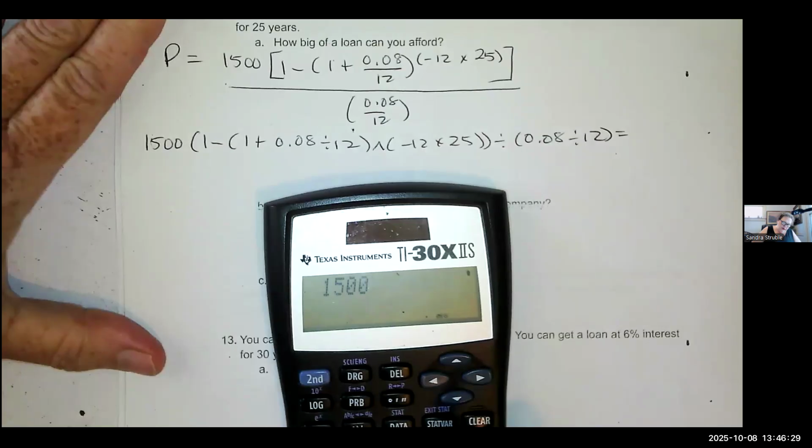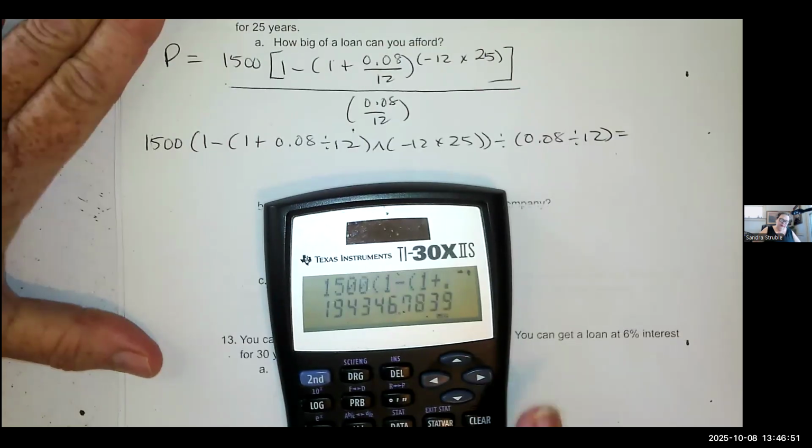1,500, open, 1 minus, open, 1 plus 0.08 divided by 12, close, caret open, negative 12 times 25, close, close again, divided by open, 0.08 divided by 12, close, and equals.